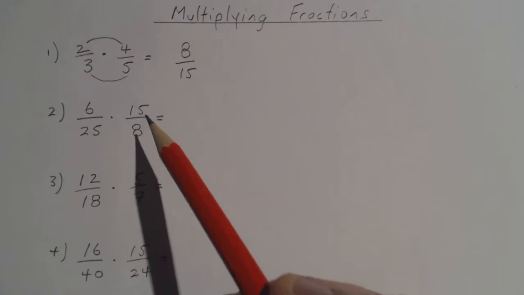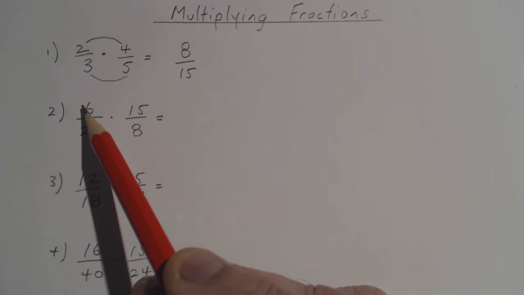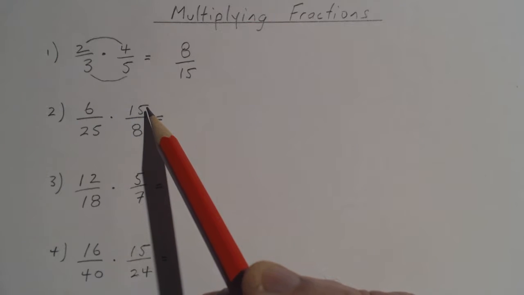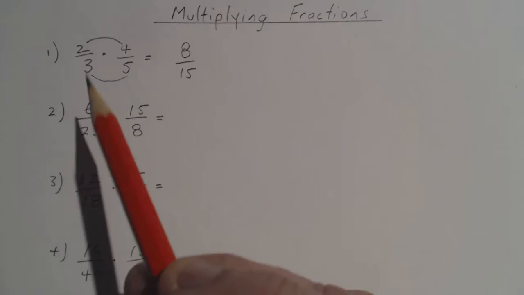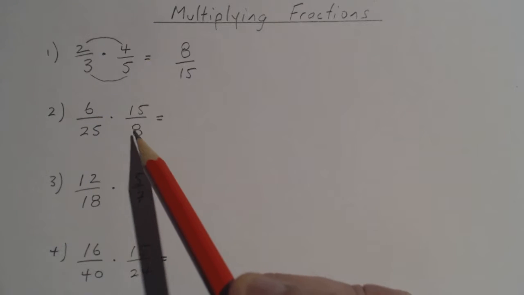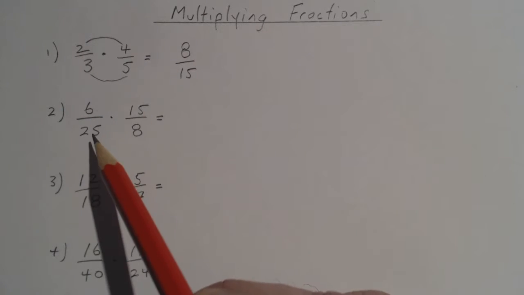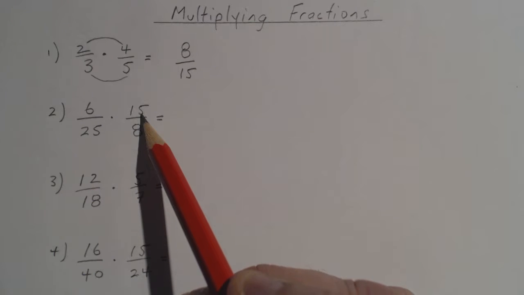But what we can do, we can cross-cancel this way and cross-cancel that way. Why? Because there is a common number that divides into 6 and 8, and that is 2. And there's also a common number that divides into 25 and 15, and that is 5.